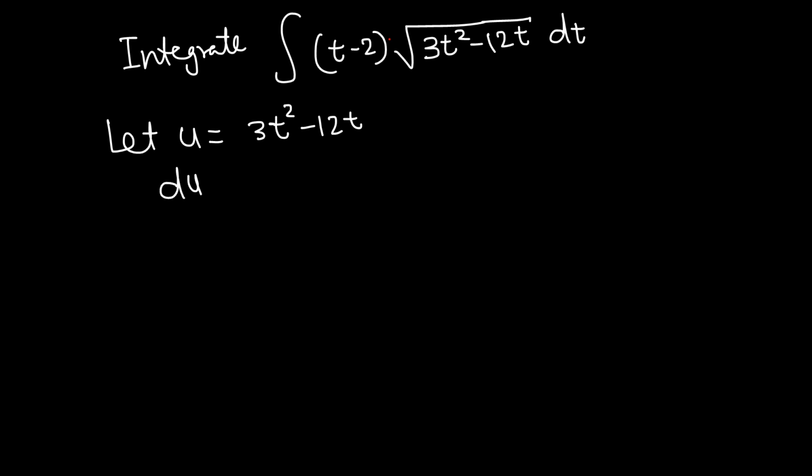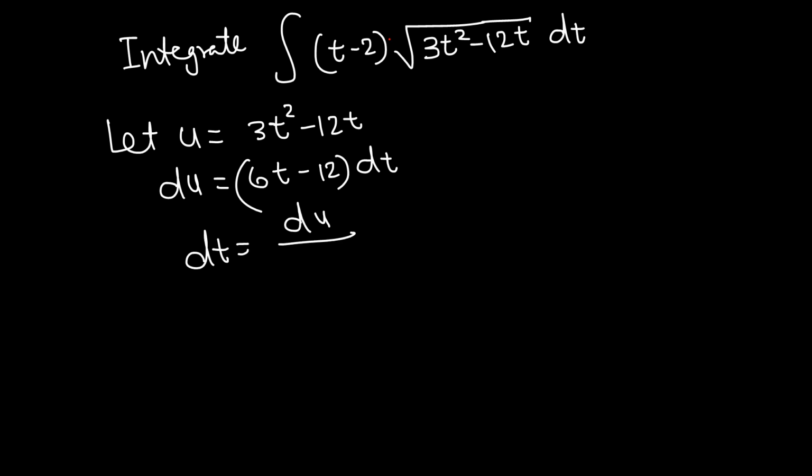Now integrate with respect to t: du over dt, I'm going to write over here, the derivative is 6t minus 12. Now we solve for dt, so divide both sides by this. So dt equals du over 6t minus 12.